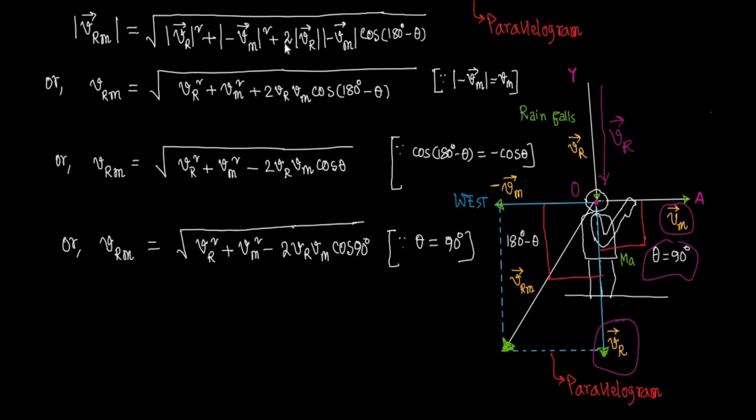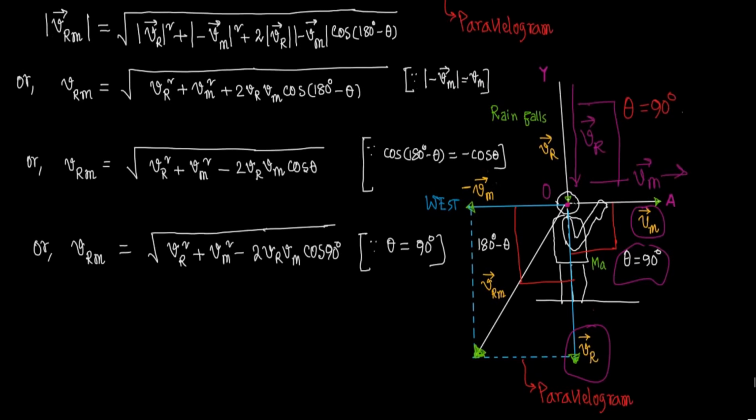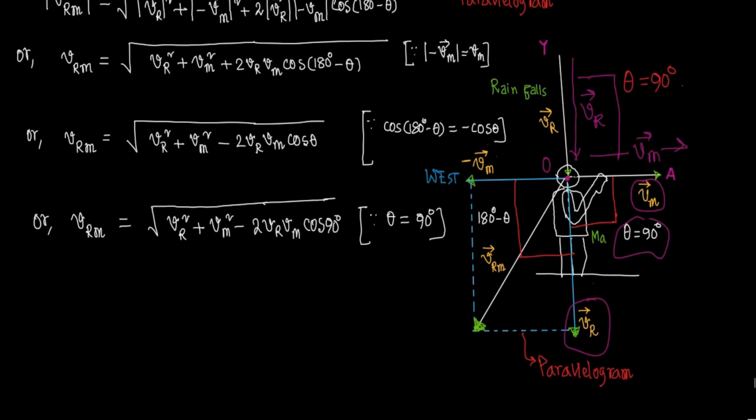In the diagram, rain falls vertically downwards with the velocity vector Vr, and the man is walking east with the velocity vector Vm. That's why the angle between vector Vr and vector Vm is theta equal to 90 degree, as vector Vm is perpendicular to vector Vr.